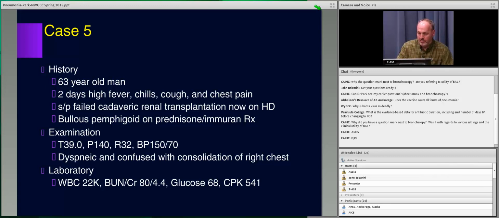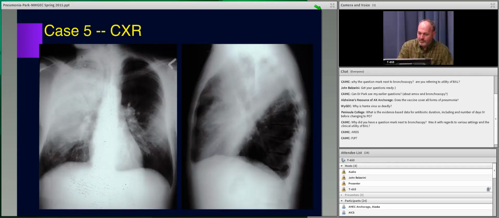Interesting. Okay, I'm doing a terrible job of plain ordinary pneumonia. This one might be the closest. 63-year-old, 2 days of fever, chills, cough, chest pain. On hemodialysis after failed cadaveric renal transplant, and on prednisone and Imuran therapy for bullous pemphigoid skin disease.